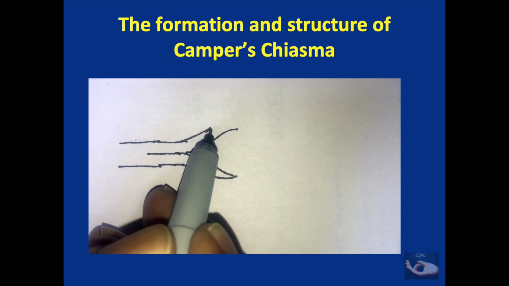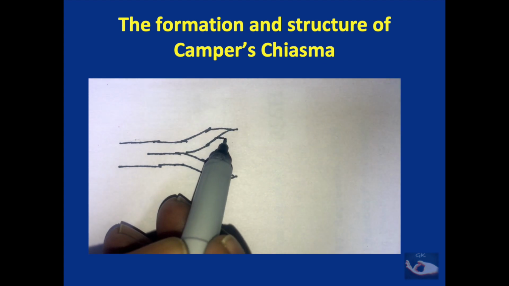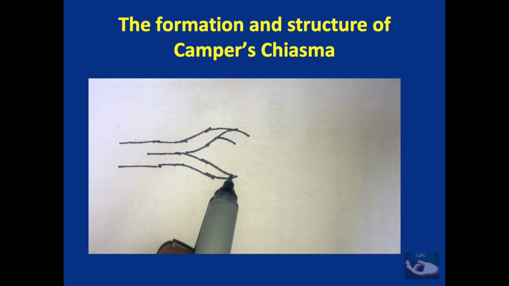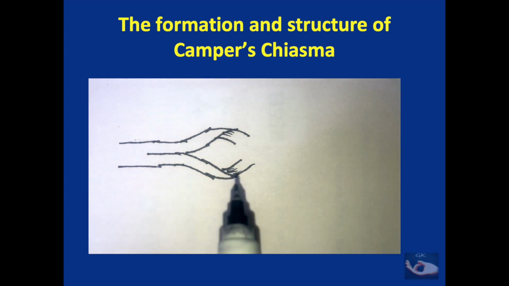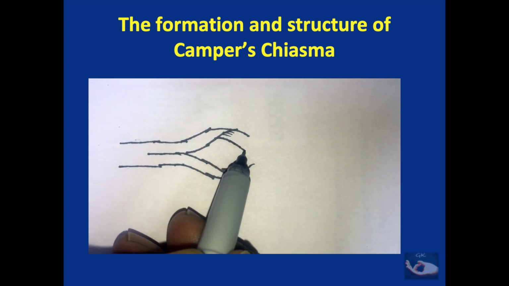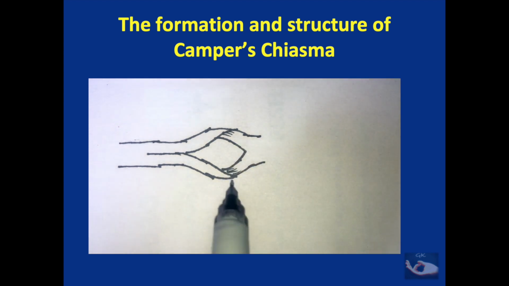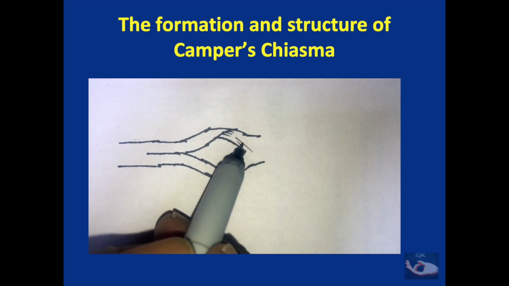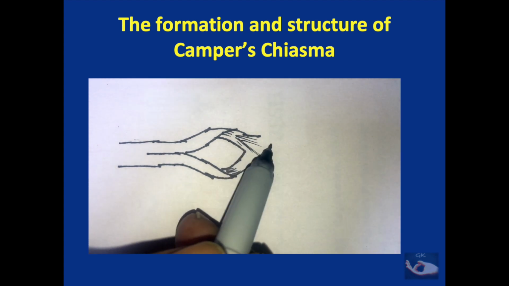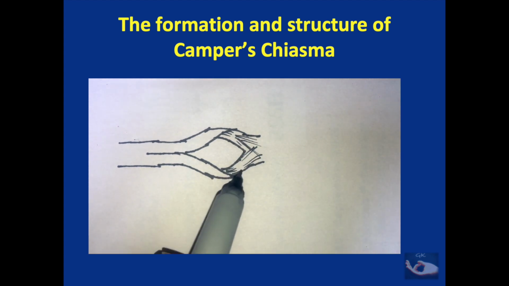The 2 slips run on either side of the flexor digitorum profundus tendon, with the volar side now facing laterally. Then the 2 slips again reunite on the dorsal side of the flexor digitorum profundus, with the lateral sides now facing toward the dorsal side.